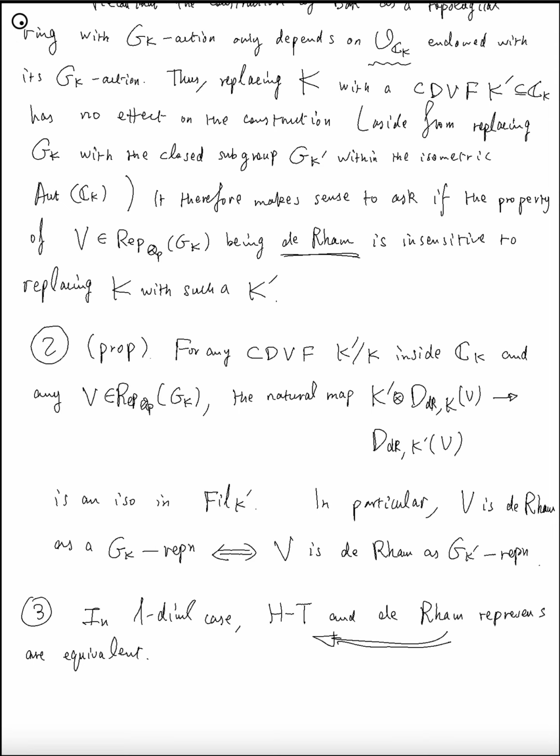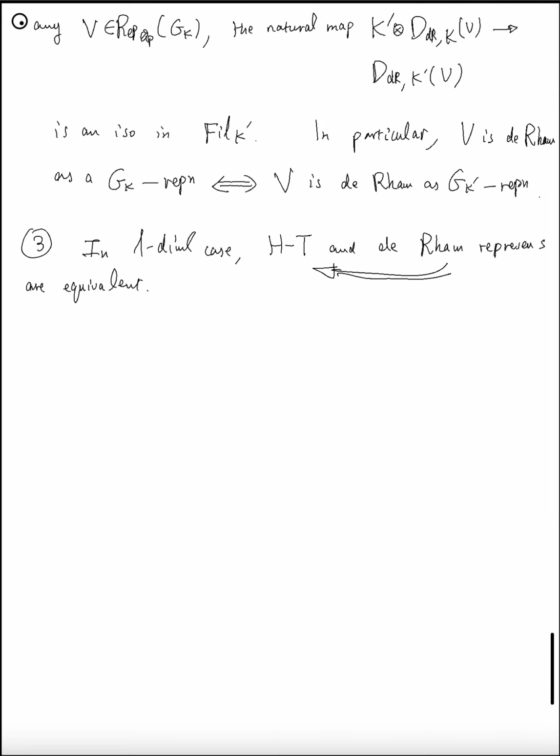So, why is the converse true? For the converse, suppose V is a one-dimensional Hodge-Tate representation.